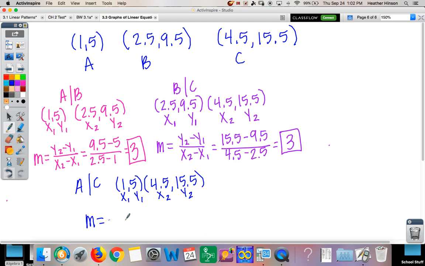And we plug it in. Y2 minus Y1 over X2 minus X1. Y2 is 15.5 minus Y1 is 5 over x2 is 4.5 minus x1 is 1.